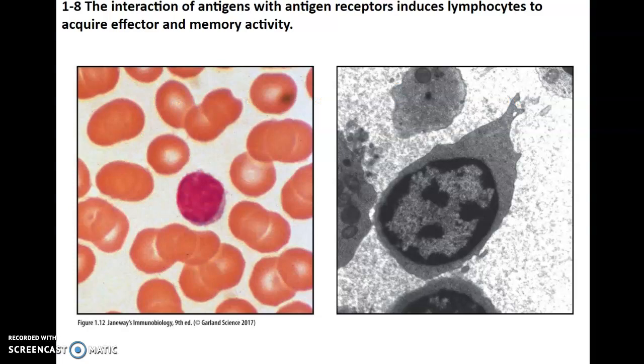So one of the things that we want to talk about this semester is the interaction between the B cells and T cells with the innate immune system. So how are antigens and antigen receptors produced? We'll talk about that in chapter 4.